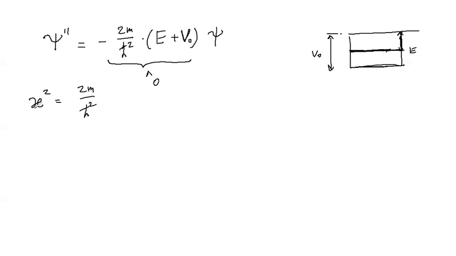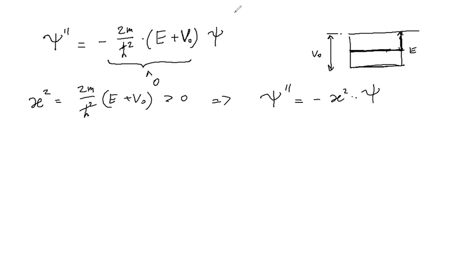So not k, kappa. This combination would be positive. That's why I call this kappa squared. Otherwise, I could not do this. And I can rewrite this equation for inside as the second derivative over x equals minus kappa squared psi.